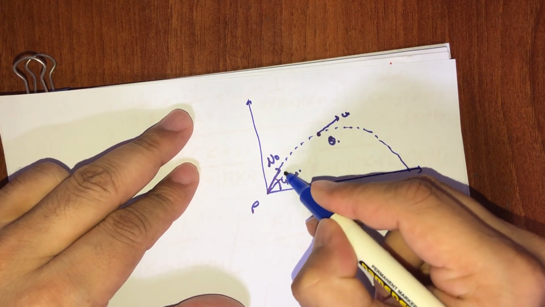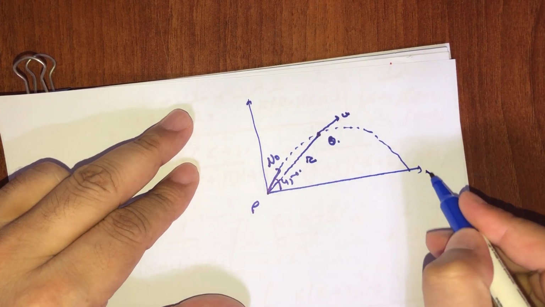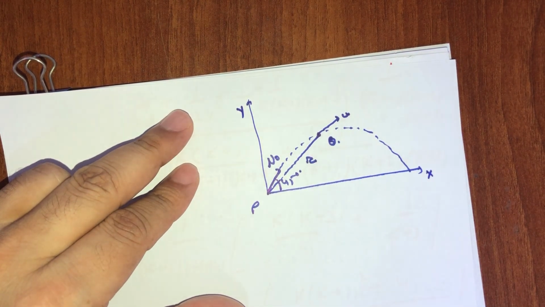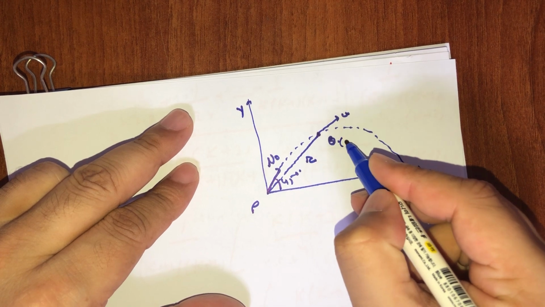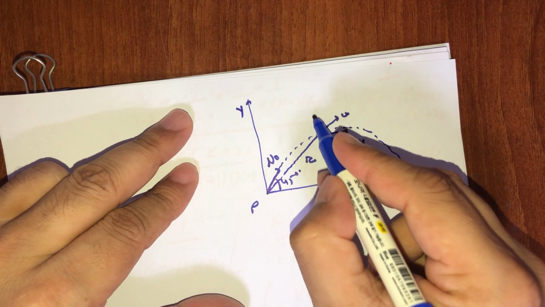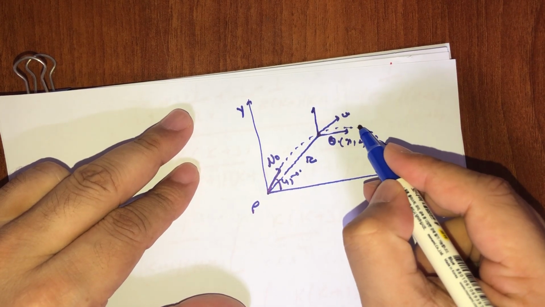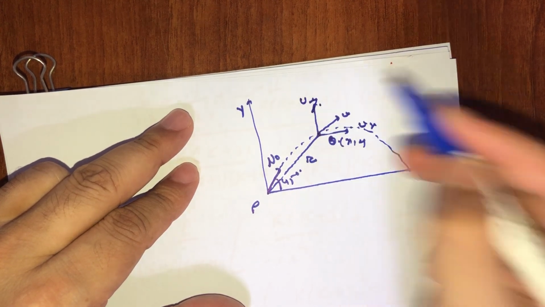Let's join this PQ and call this R. So this will be x direction and this will be y direction, and let the coordinate of Q be x comma y. So its horizontal component will be Vx, and let us call this Vy.